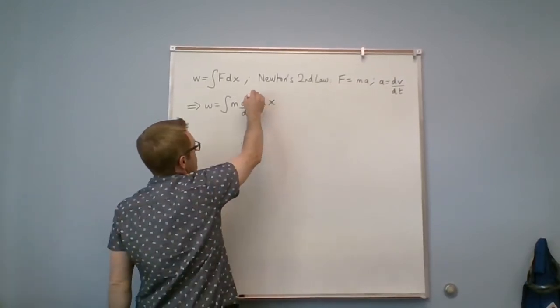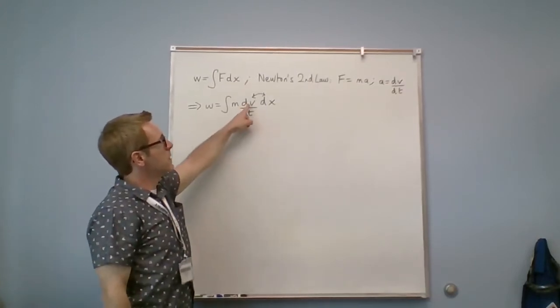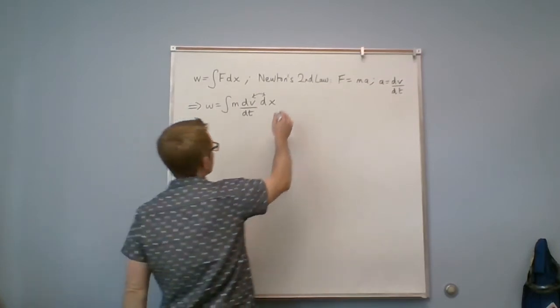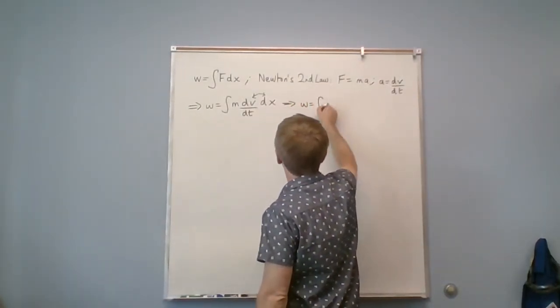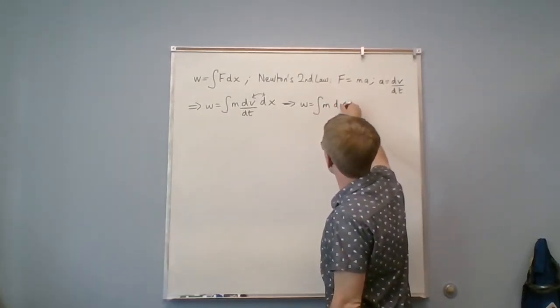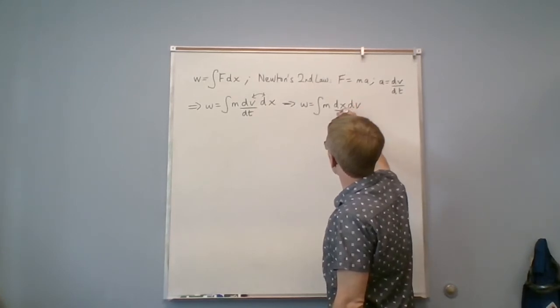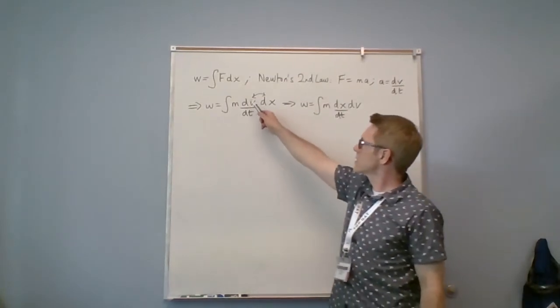We're now going to exchange these two products. dv multiplied by dx is the same as dx multiplied by dv. So we can write work is the sum of mass times the change in position multiplied by the change in velocity divided by the change in time. So again, we've just exchanged these two.